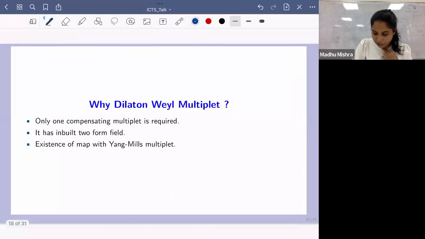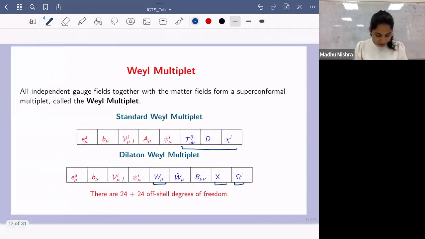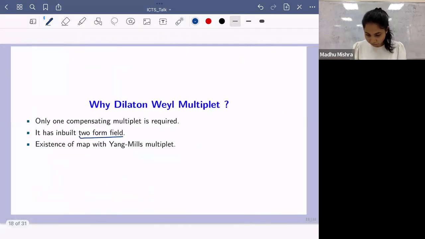And one other special thing is that in the dilaton Weyl multiplet, we have a two-form field inbuilt, which a higher derivative action that we would like to construct from compactification of string theory needs to have. In the standard Weyl multiplet there is no such field, and it should come from some other multiplet. So that is another advantage of using the dilaton Weyl multiplet.